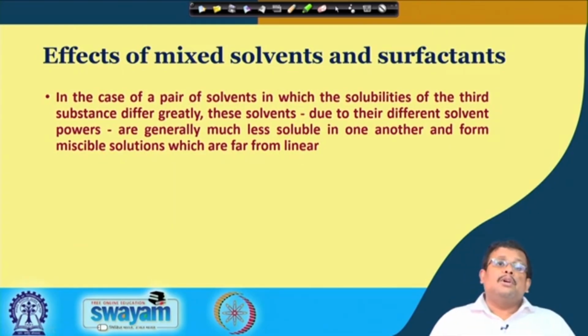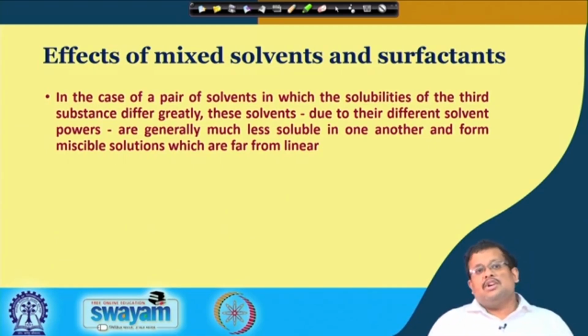Also, it is important to know the case of a pair of solvents in which the solubilities of the third substance differ greatly. Let us consider there are two solvents, solvent A and solvent B, in which the solubility of a third substance such as C differs greatly. In one, C is highly soluble, in the other it is very less soluble.